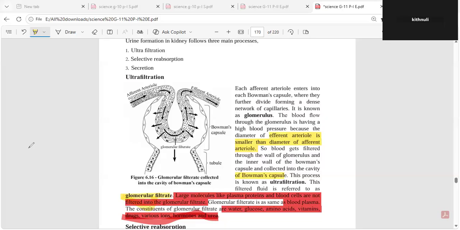Then there should be a reabsorption process, because many essential molecules are already filtered through this glomerulus, but they should be reabsorbed, right?